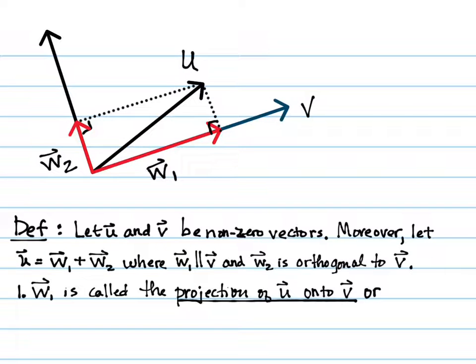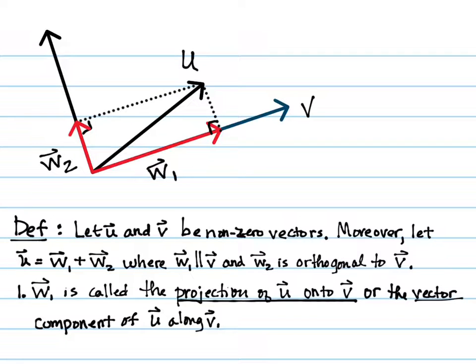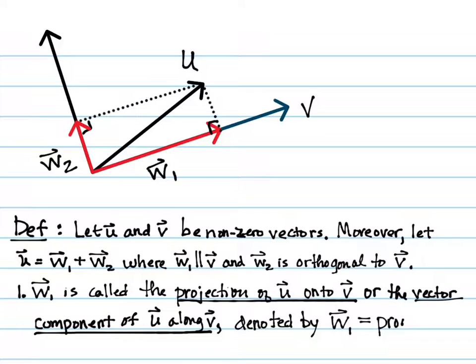Or the vector component of U along V. I'm most likely to call it the projection of U, and it is denoted by W1 equals the projection of U along V. So V looks like a subscript in this notation.